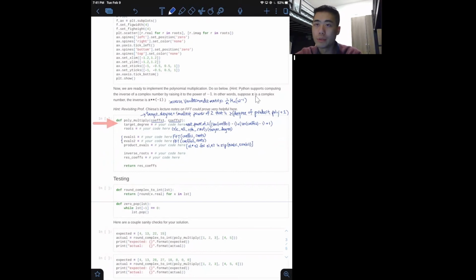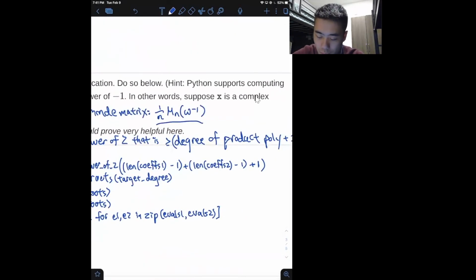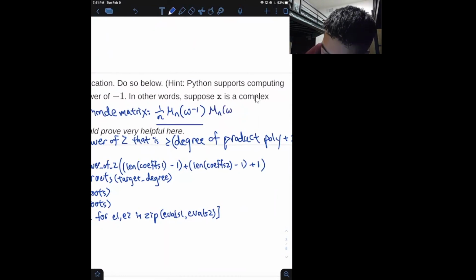And you might recall that the way we do so is by multiplying by the inverse Vandermonde matrix, doing the inverse FFT procedure, right? And I wrote the inverse Vandermonde matrix up here, okay? You might recall that this matrix times the standard Vandermonde matrix equals the identity matrix. Okay, this is from the textbook.